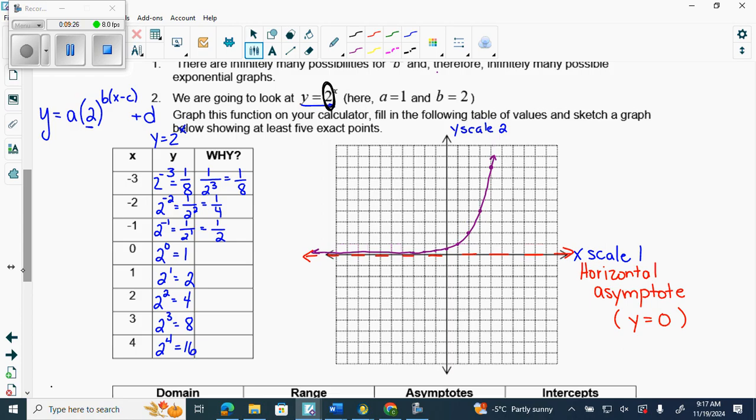Remember, they draw them in order. So they'll draw the 2 to the x first, then 3 to the x next. What happened? It grew faster. Why? Because instead of doubling, it's now tripling. Okay. Put in Y3, put in 10 to the x.